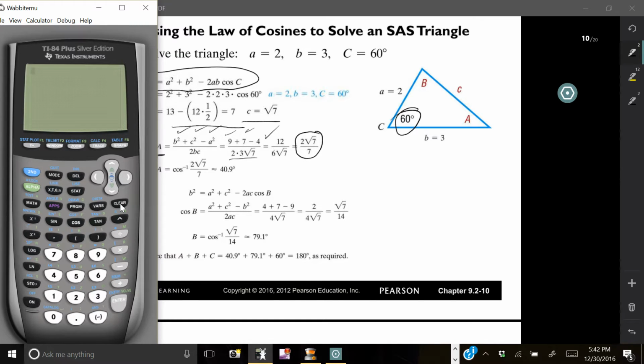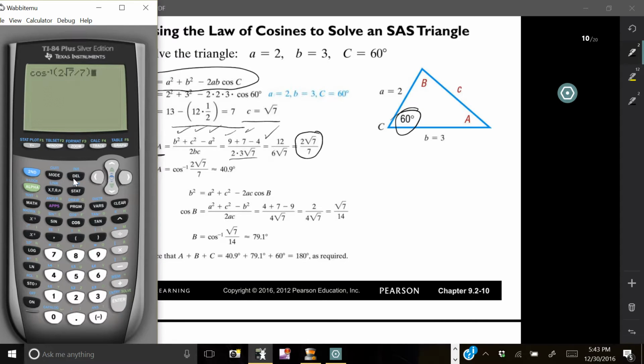Turn the calculator on, and we're going to take inverse cosine of 2 square roots of 7 divided by 7, close parentheses.